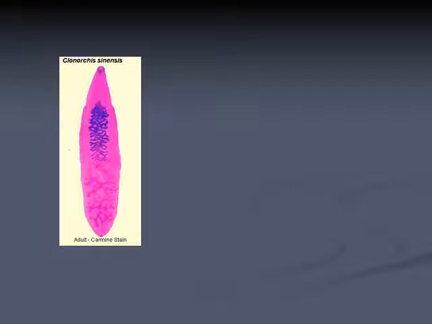This is the ovary. Here is the branched testis. Here is the ovary. And here is the uterus, which is convoluted and ends in the genital pore here.